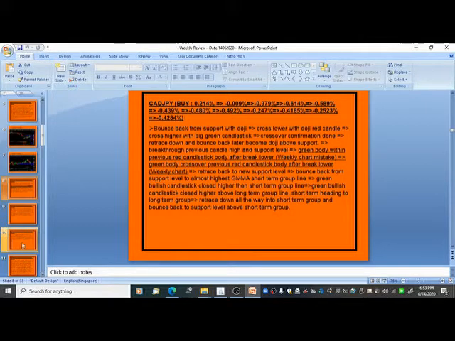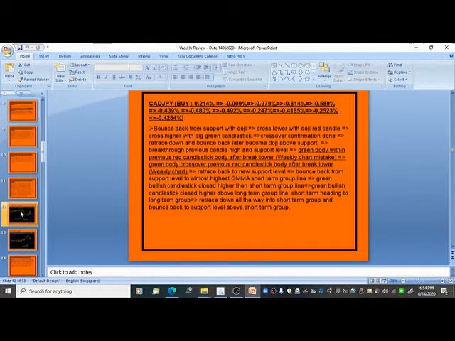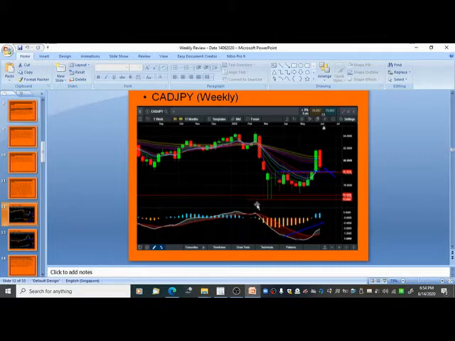For the weekly chart here, this candlestick retraced down all the way into the short term group here, and bounced back to the support level just right above this short term group. Then this big red candlestick is within the previous long body of the green candlestick here.